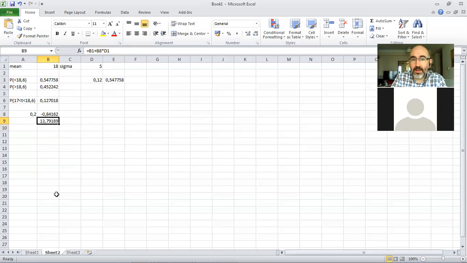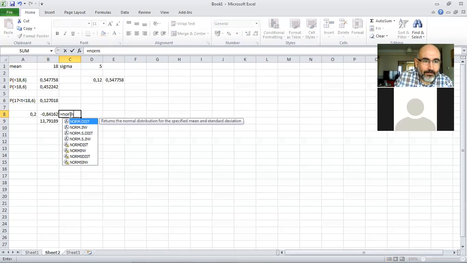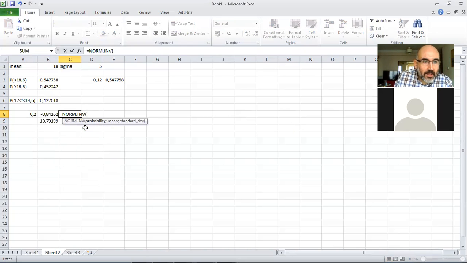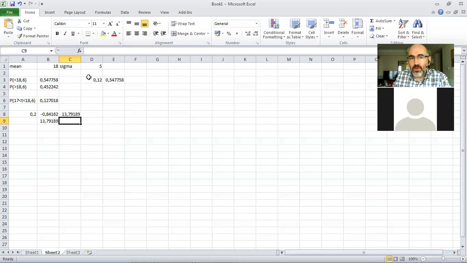You find that precise value, 13.79, which gives approximately 20% below and 80% above. We could also use norm.inv directly, where we input the probability, the mean, and the standard deviation, which directly gives us the same thing.